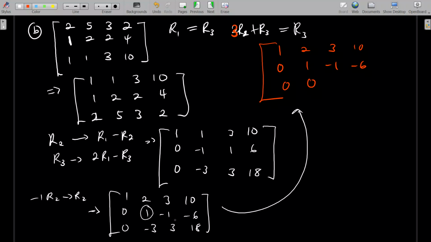Negative 1 times 3 is negative 3 plus 3, and that is going to give me 0 here. 3 times negative 6 is going to be negative 18 plus 18, that's also going to give me 0 here.